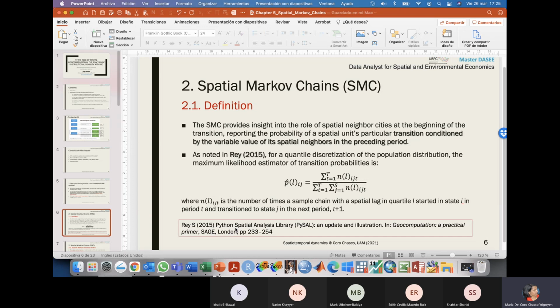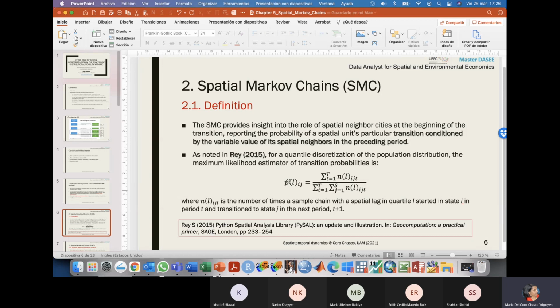And okay, in this case, this is the maximum likelihood estimator for the probability. But now we have something different. We have an L here. So why an L? This L has to do with lag. So we are going now to compute probabilities, but considering that my neighbors, my spatial lags, are in different quantiles in terms of a variable.